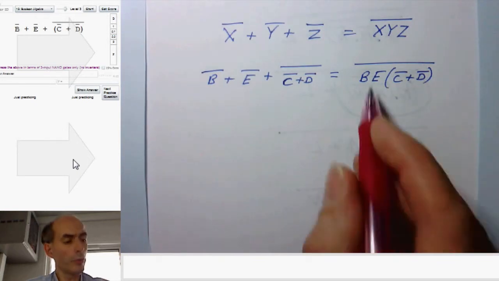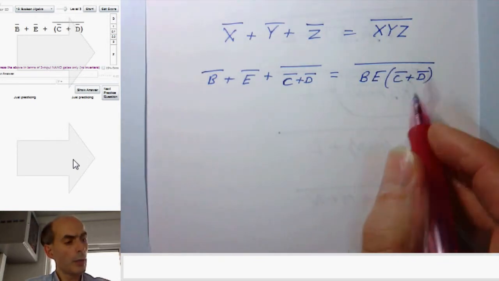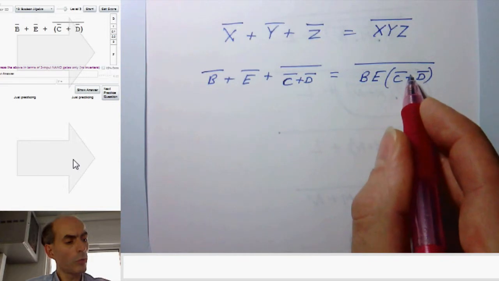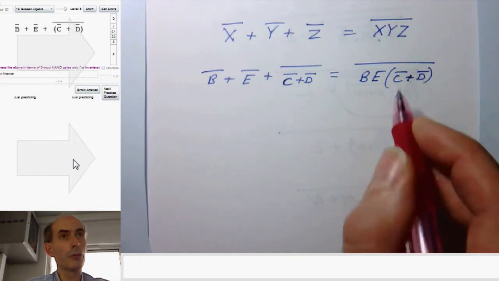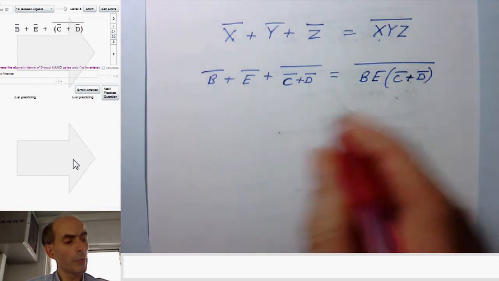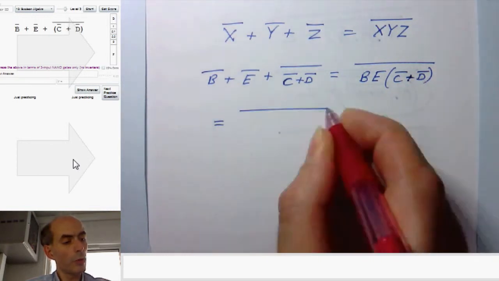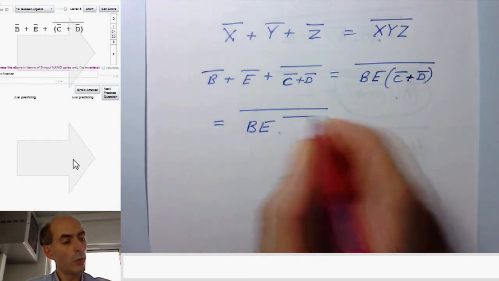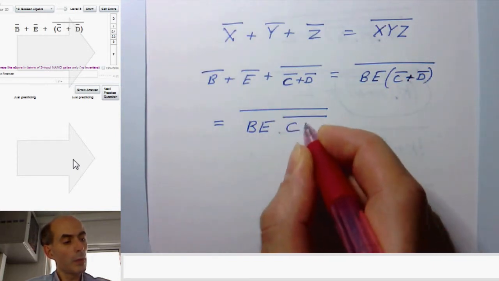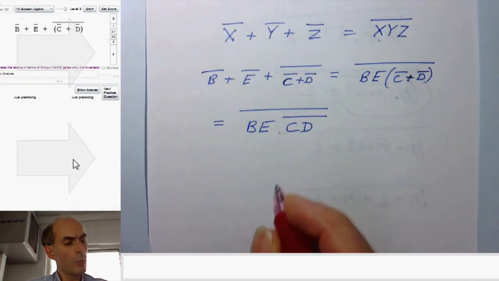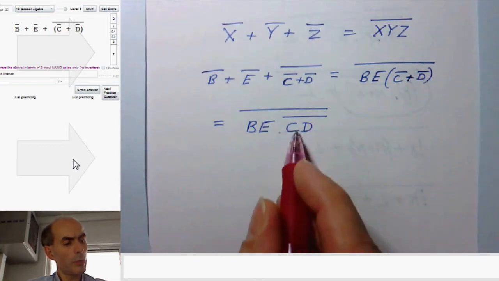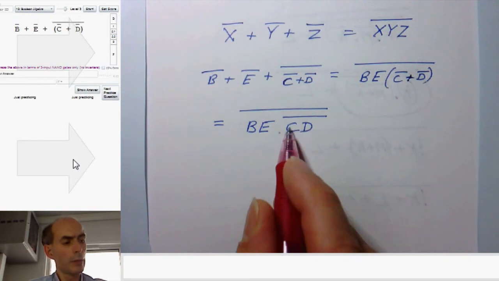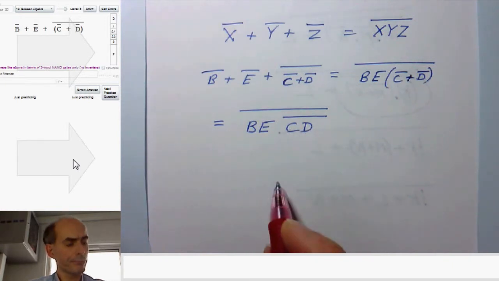Well, we've got one 3-input NAND gate there, but we've still got this OR gate there, which we can get rid of with another application of De Morgan's theorem, and that would just give us not b, e, and then not c, d. Well, we've got one 3-input NAND gate, but this is not a 3-input NAND gate. This is a 2-input NAND gate.